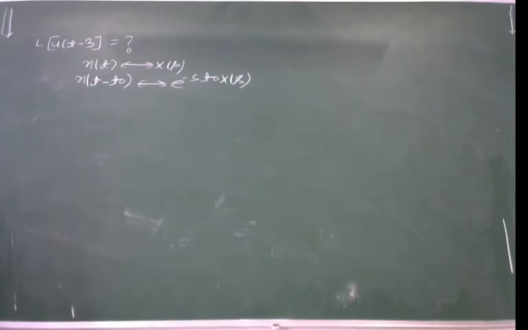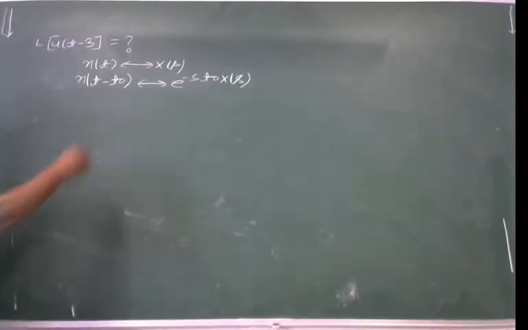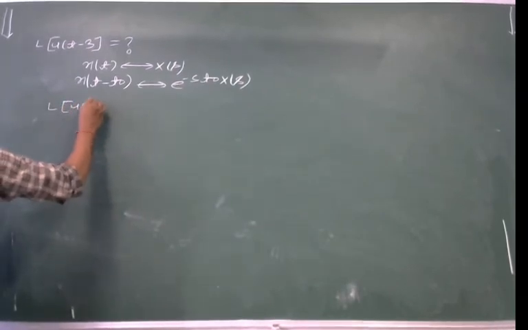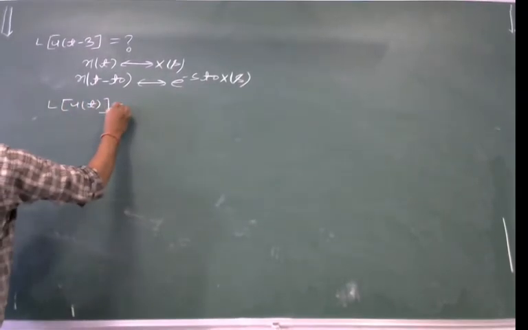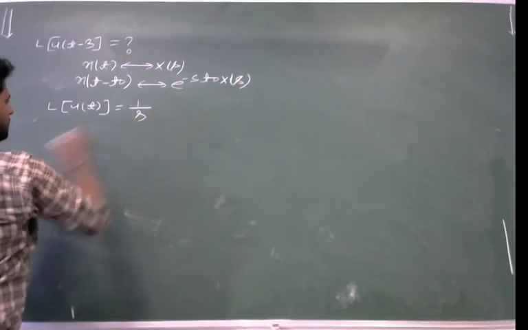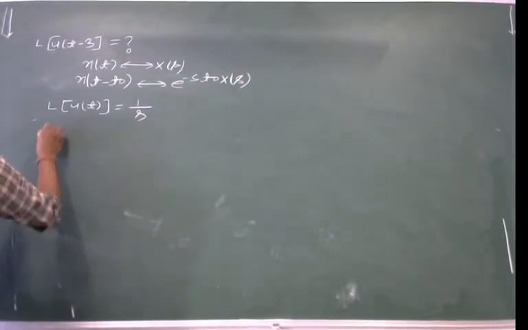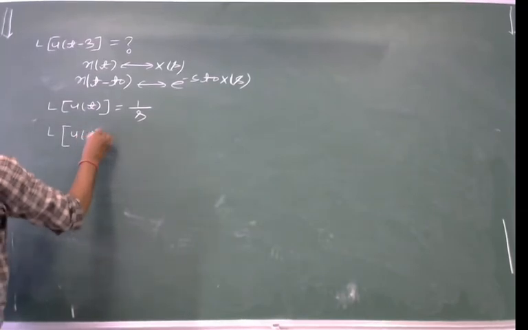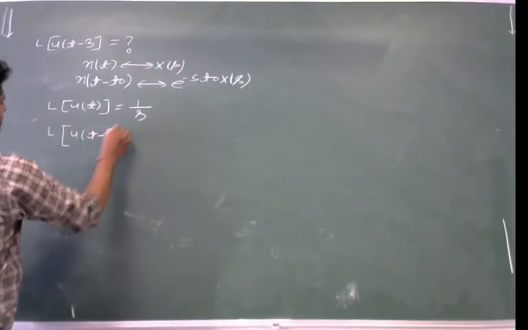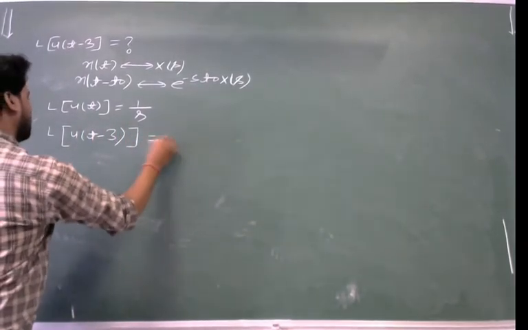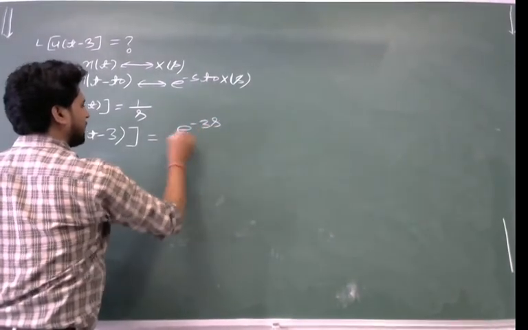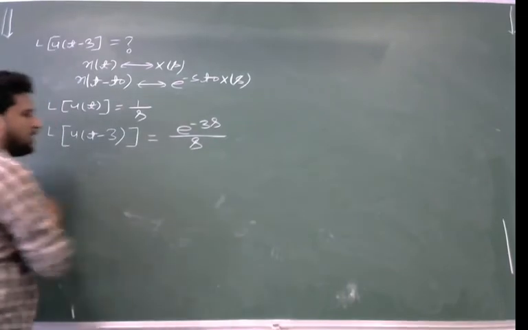So here we know that the Laplace transform of u(t) is 1 by s. So the Laplace transform of u(t minus 3) will be equal to e power minus 3s multiplied in the s domain with 1 by s.